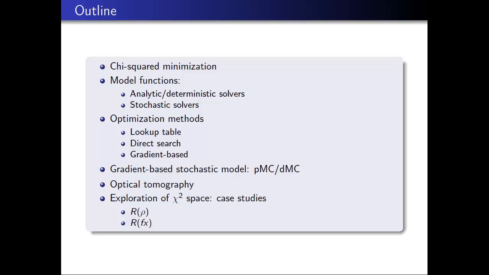I'd also like to discuss a stochastic inverse method that involves perturbation and differential Monte Carlo, and then touch very briefly on optical tomography, and then show some examples, little case studies in which we determine optical properties given spatially resolved reflectance and spatial frequency domain reflectance, since space is the theme of today.